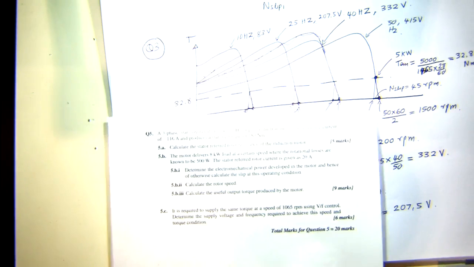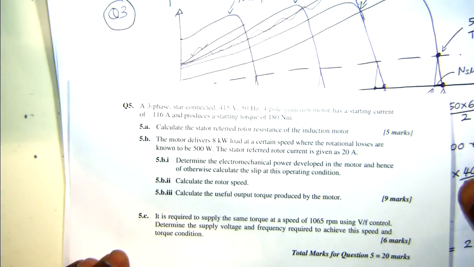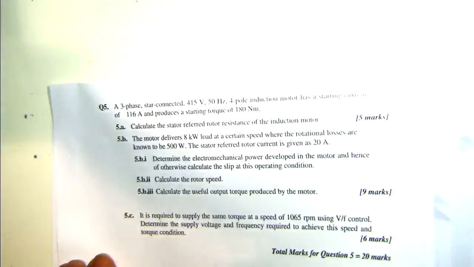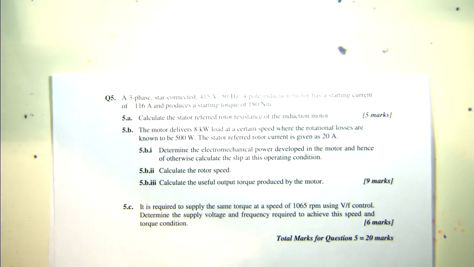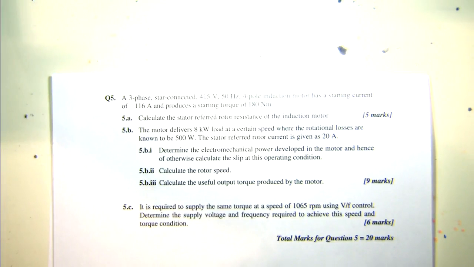So this was last year's exam question. It says a 3-phase star connected 415 volt 50 hertz 4-pole induction motor has a starting current of this value and produces a starting torque of 180 Newton meter.